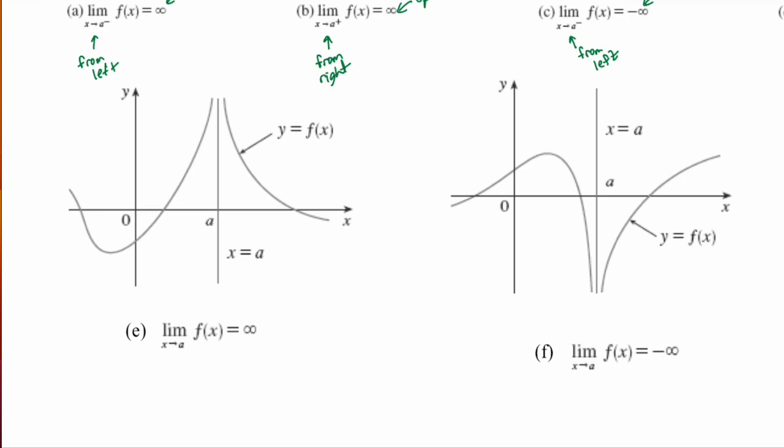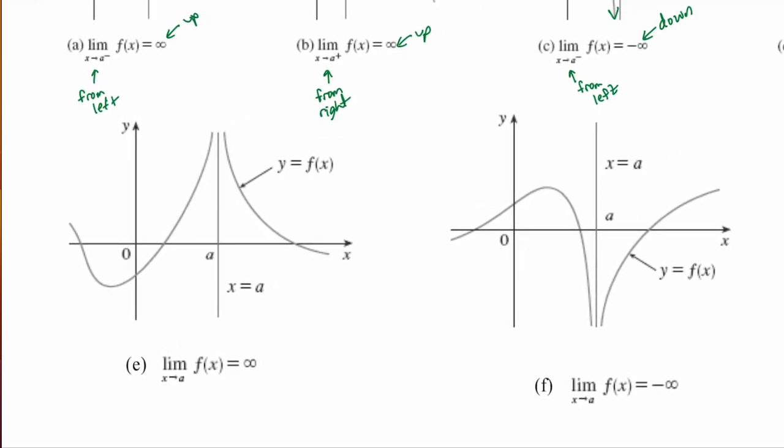So the only way we can get a true limit of infinity is if both sides go up. So at A, both are up. At A, or as we approach A, both go down. So just be careful about the notation of this.